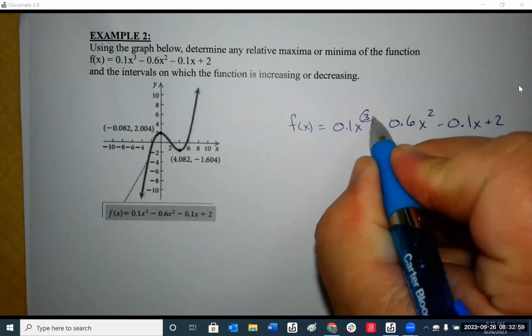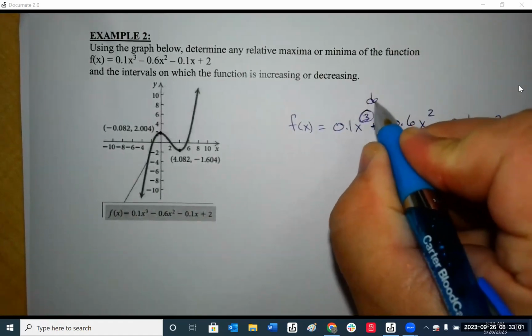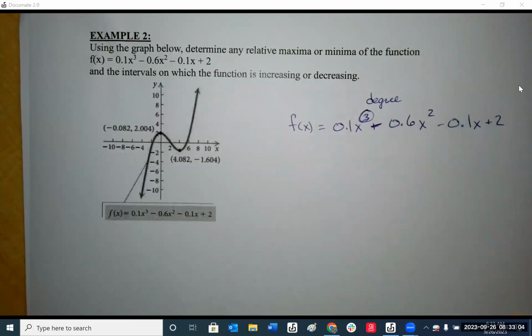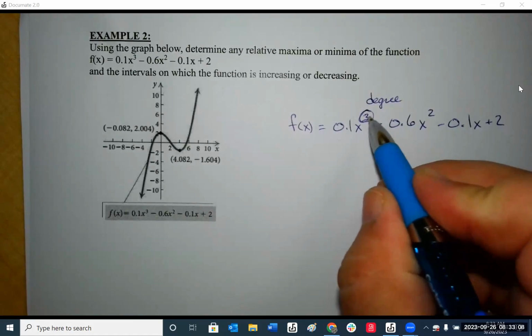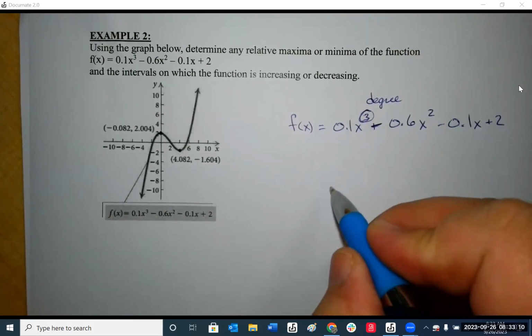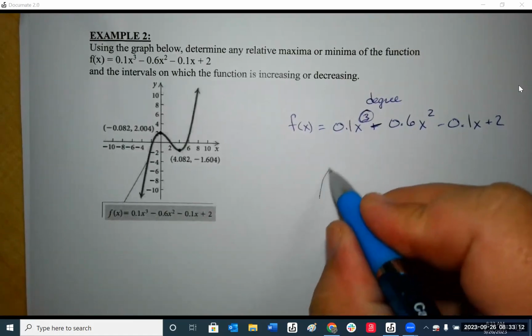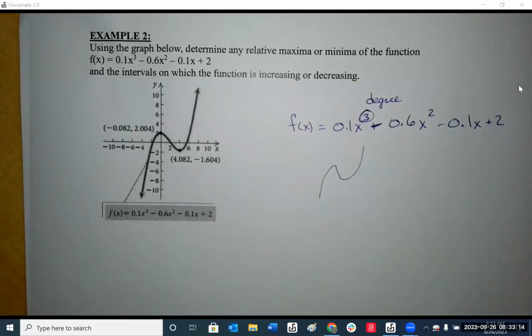The largest exponent is called the degree. Since it's a cubic equation, we know cubic equations from the library of functions look like this. We know the shape of it now.